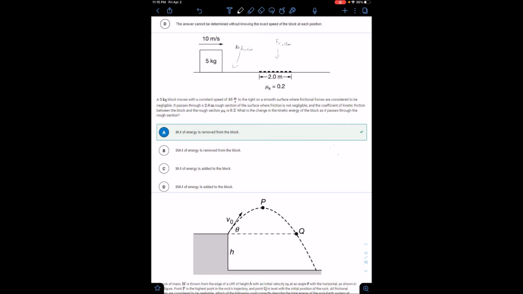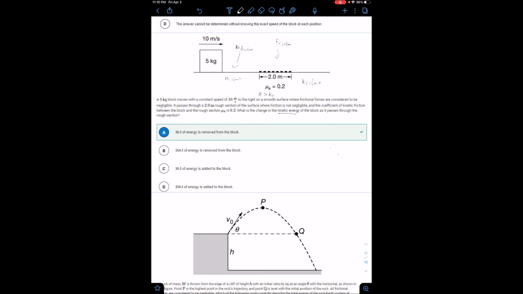So the change in kinetic energy from here, kinetic energy initial, which is equal to 1/2 mv squared, and kinetic energy final, is equal to 1/2 mv squared here, will not be equal because there is friction. And since there is friction, that tells us that the kinetic energy initial will be greater than the kinetic energy final.